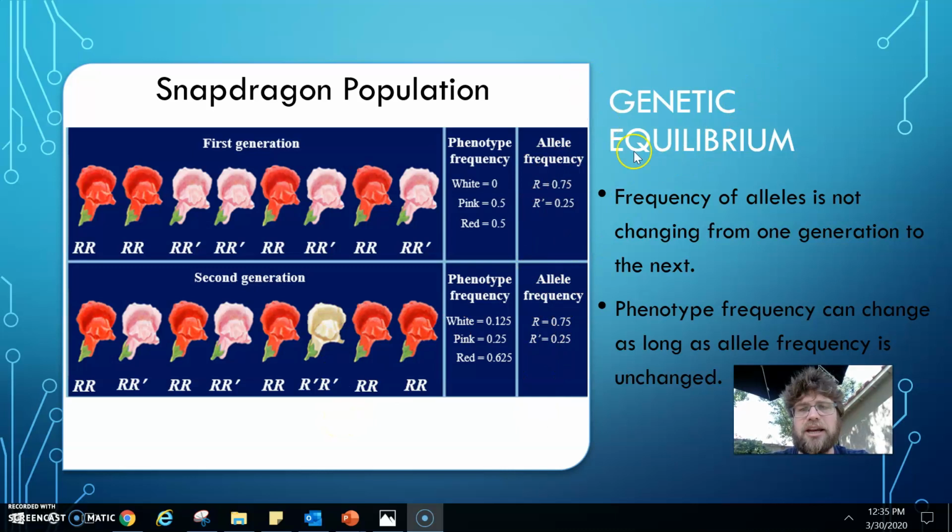That's called genetic equilibrium. This is a population that is genetically not changing. The phenotype frequency can change as long as the allele frequency is unchanged. So genetic equilibrium isn't looking at the phenotype, it's looking just at the alleles, the percentage of alleles.